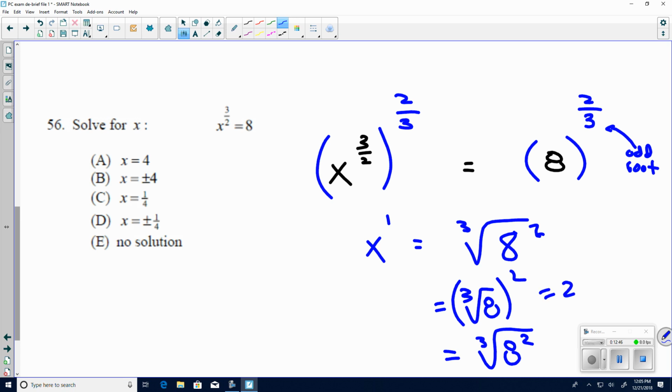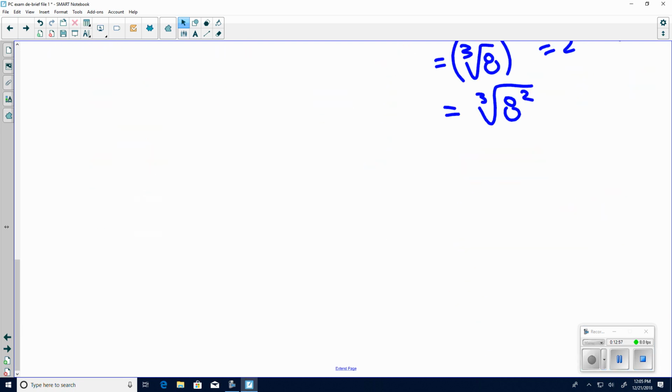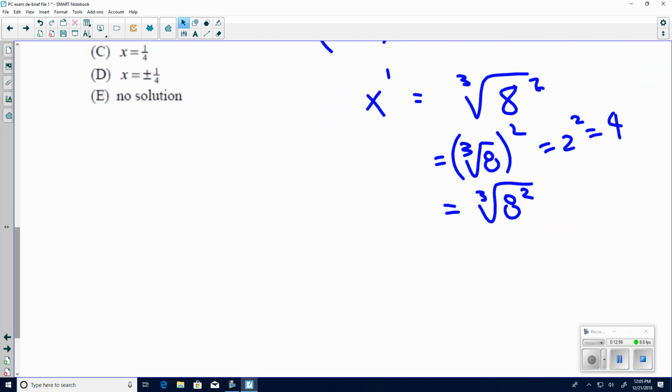This gives us 2 squared, or 4. If we go the other route and we square the 8 first, we get the cube root of 64, which is still 4. By the way, this is much easier because you use smaller numbers.